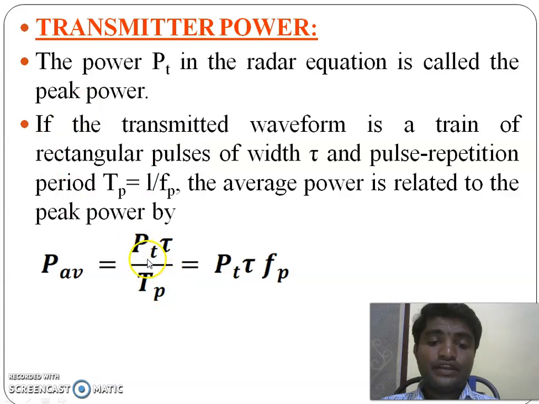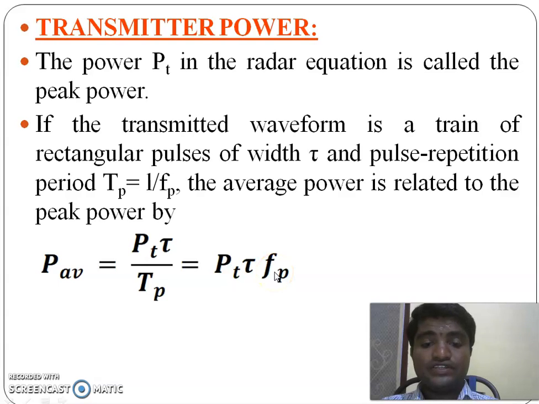average power equals transmitter power Pt times the duty cycle. Duty cycle is given by pulse width divided by total period. The average power equals transmitter power Pt times duty cycle, where duty cycle is pulse width by time period. 1 by time means frequency, therefore that is written as Pt times tau times Fp.